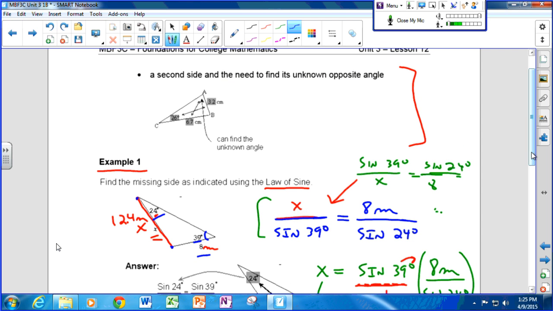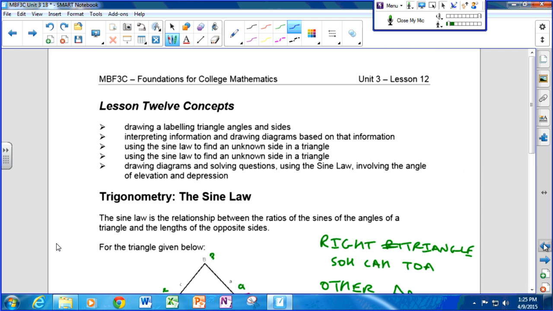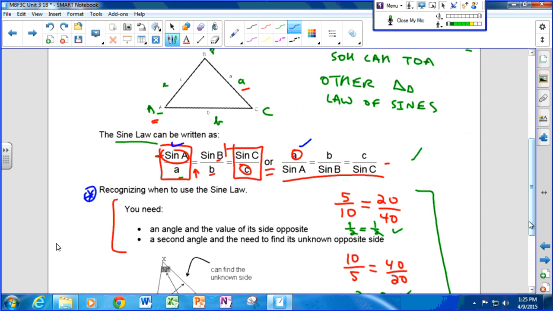Okay, so there are different ways that you'll use the sine law. Let me back up a little bit. When can we use the sine law? Basically, for these ratios, we need one that has everything, and then at least one that's opposite the thing we're trying to find. So if we're trying to find C, then we need either this one or this one to have both, and then we also need the side opposite what we're trying to find.